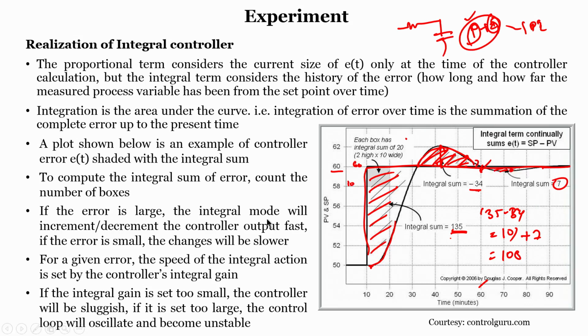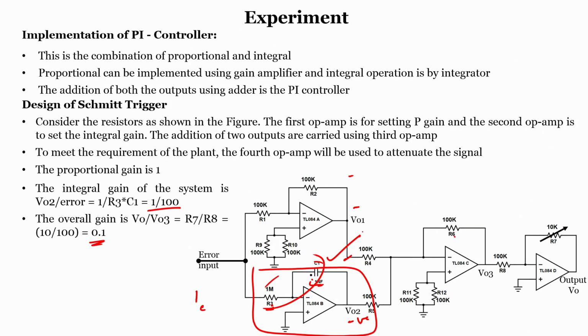When the input is 10, this will give minus, this will give minus, this will give positive, but again this gives negative, and we require a positive. That means we have to use one more operational amplifier which always maintains the same phase. Rather than using a simple inverting configuration, we have to go with a non-inverting configuration with the same R7 as a pot, so that the required gain can be set by using the R7 resistor.